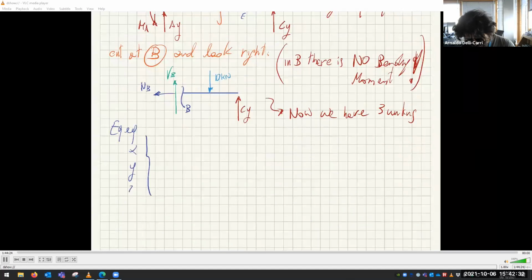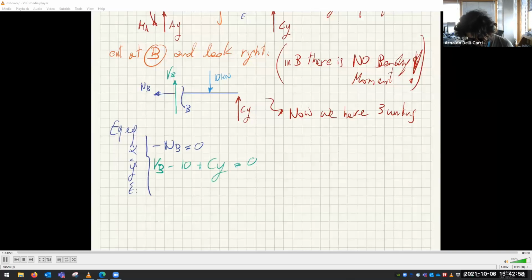X, Y, Z. Now that we have equilibrium, we have NB minus NB equals 0. That means NB equals 0. VB minus 10 plus CY equals 0. So we can't solve this yet.